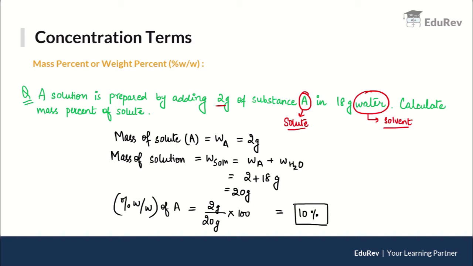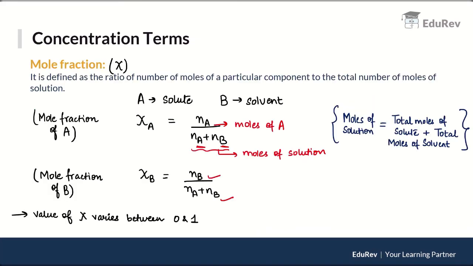Mass of solution कितना हो जाएगा WA plus weight of water, right? So total weight of solution comes out to be 20 grams. तो percentage weight by weight of A क्या हो जाएगा weight of solute which is 2 gram divided by weight of solution which is 20 gram into 100. So mass percent comes out to be 10%.